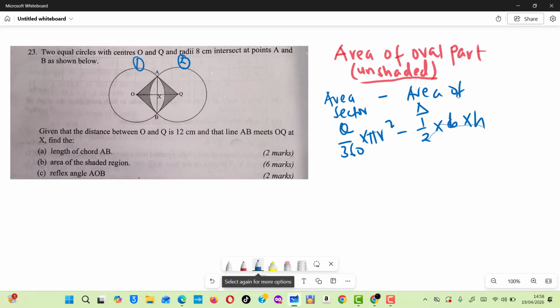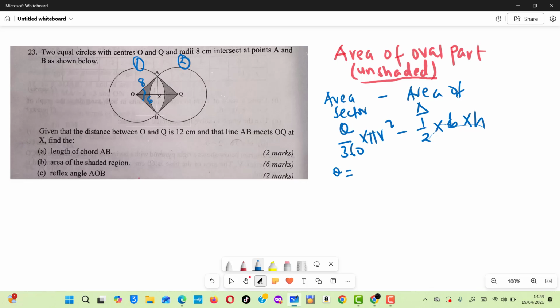So how do we get theta? Now if you look at this triangle here, we said this is 6 and this is 8. What we need to find is only this angle, then multiply by 2 to get angle AOB. So we are going to use what we call SOHCAHTOA, the trigonometric ratio cosine.